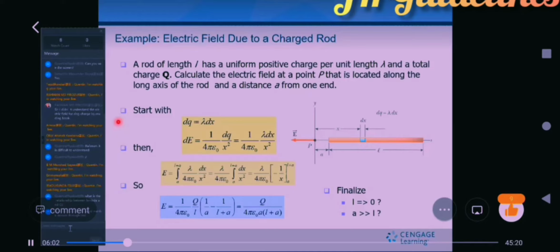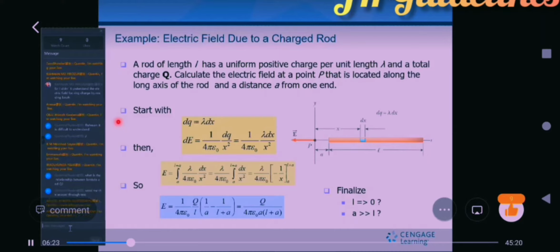Yeah, go ahead. How about we start from Ramen. Okay? So, a rod of length L has a uniform positive charge per unit length lambda and a total charge of Q.